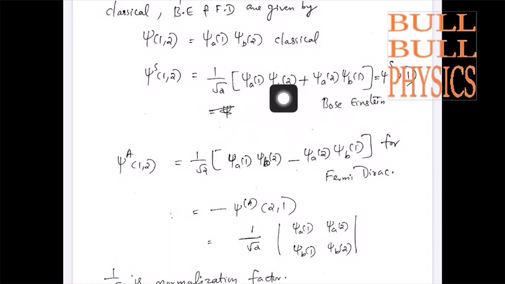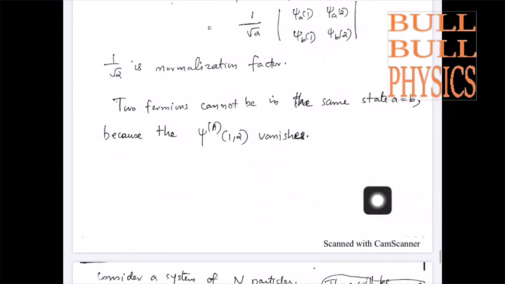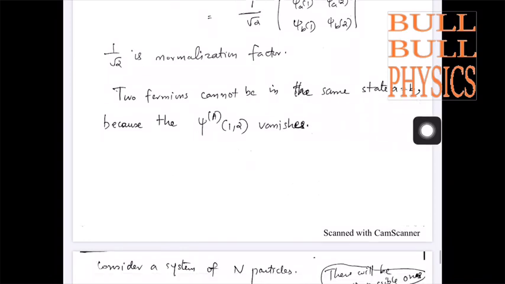If both the particles are in the same state, this will not be 0: psi a1 psi a2 plus psi a2 psi a1 is not equal to 0. But this one will be 0 if both the particles are in the same state. So this is a very important result for the fermions, which have the antisymmetric wave function. It vanishes when the two particles are in the same state.